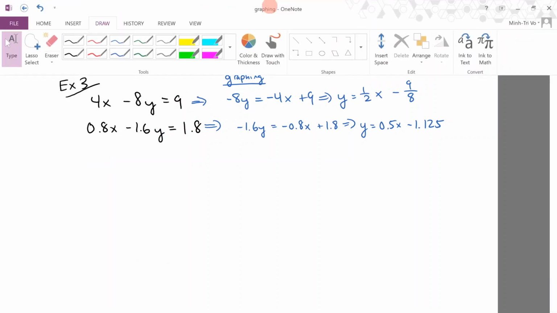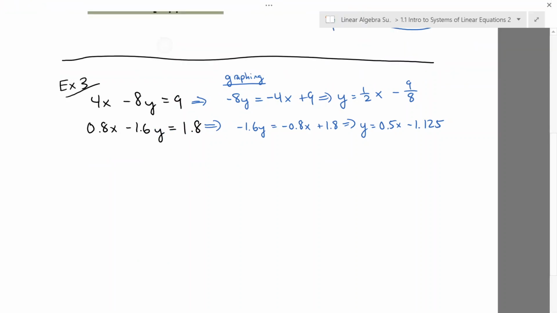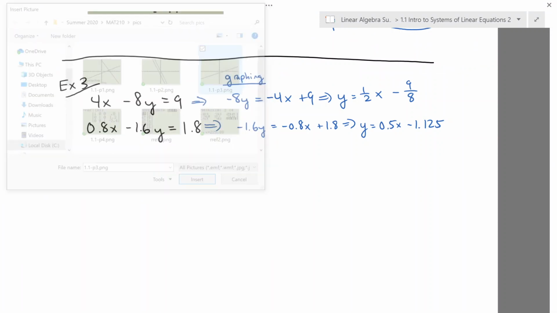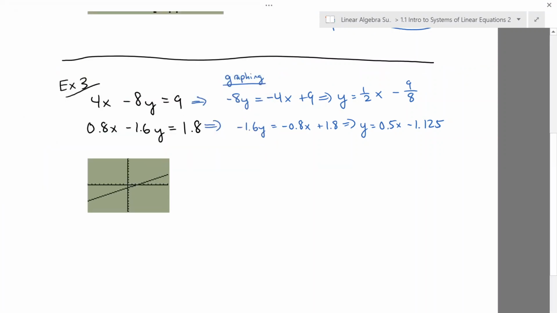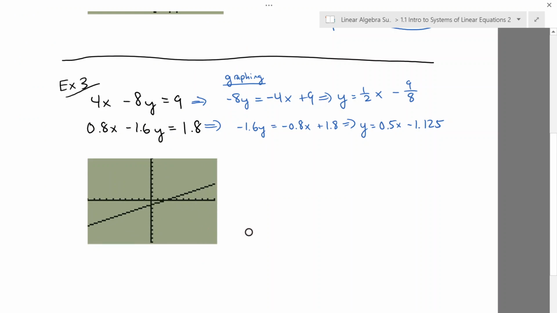So let me insert that graph. Both equations give the same graph.